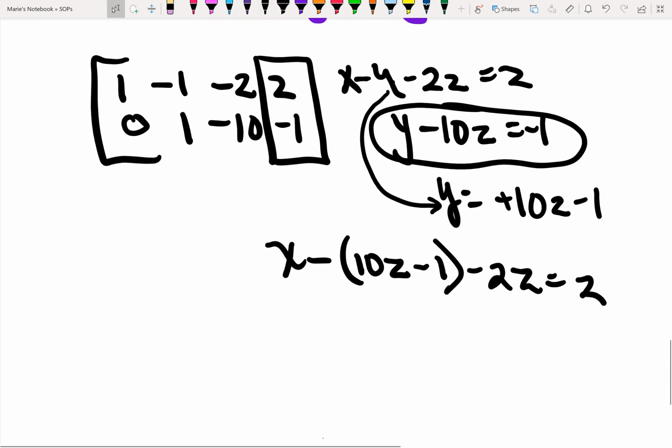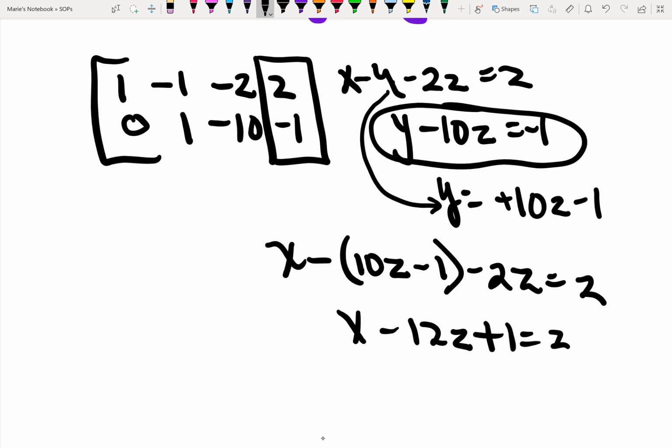All right, and so remember, I'm going to distribute that negative, and this is going to become x minus 12z plus 1 equals 2. And now I can solve for x, where x is equal to 12z plus 1, because remember, I'm going to subtract the 1 from the 2. So I do have two variables defined, technically.